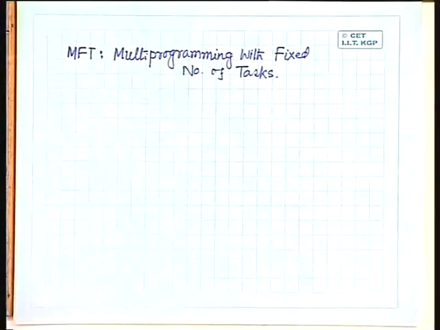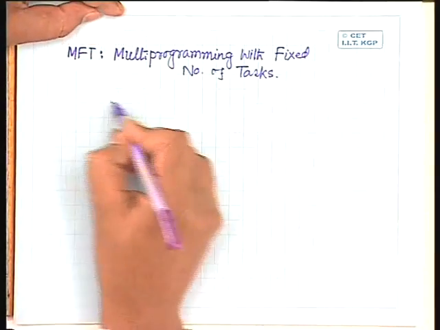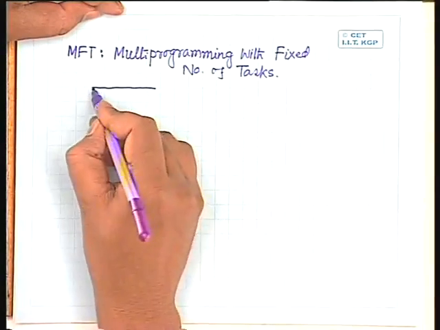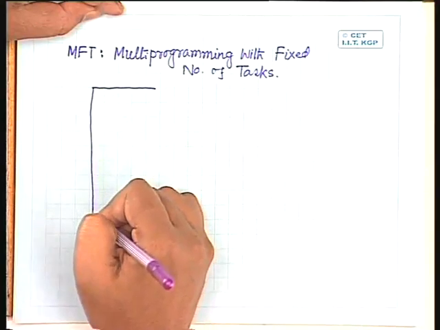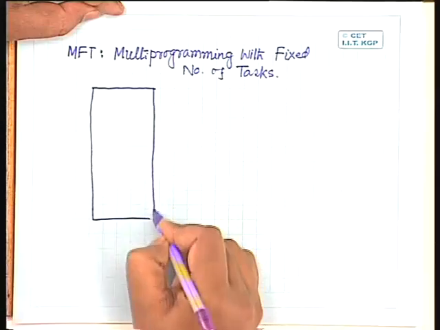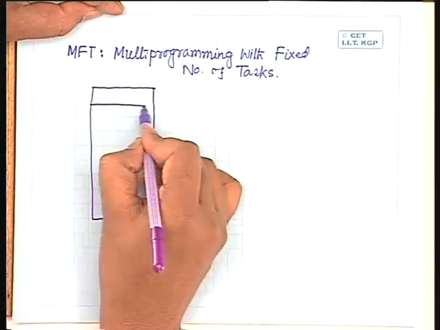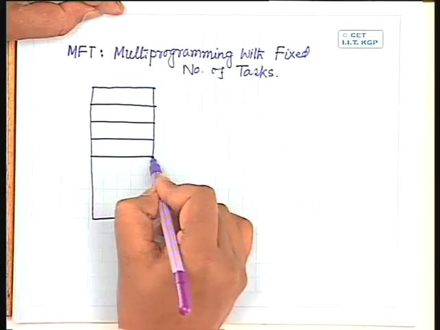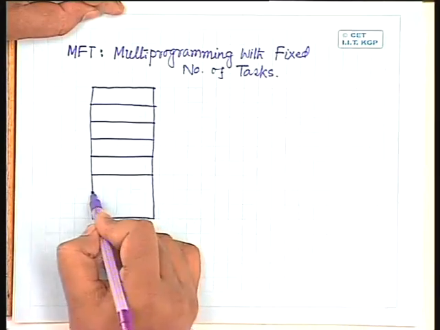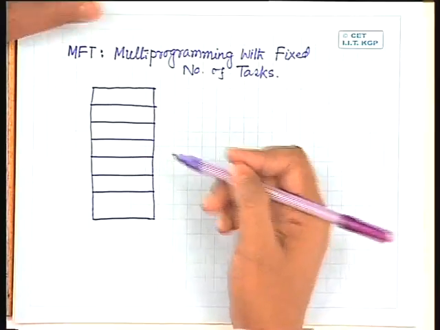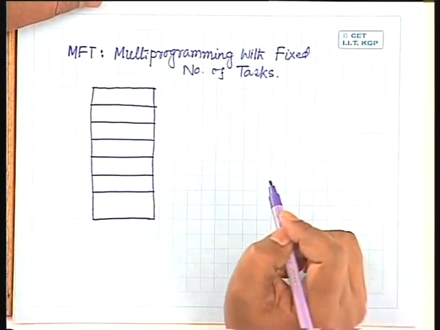Okay. So in case of MFT, the organization that is used is something like this. This memory module is again divided into a number of partitions, but in this case the number of partitions is very high. So I have a large number of partitions in the main memory. The partitions may be of same size, or different partitions can be of different size.